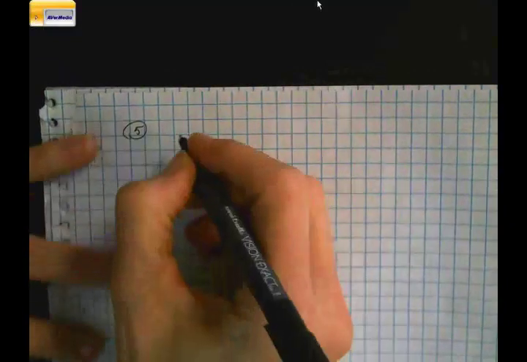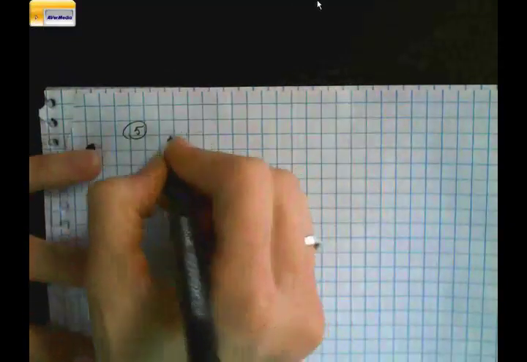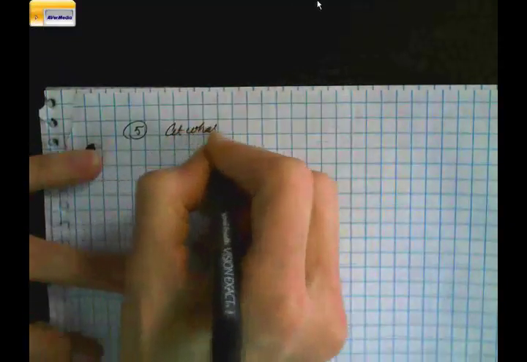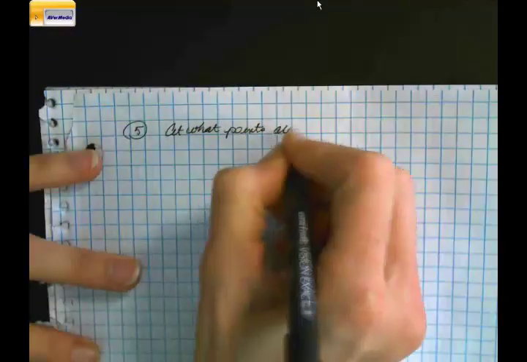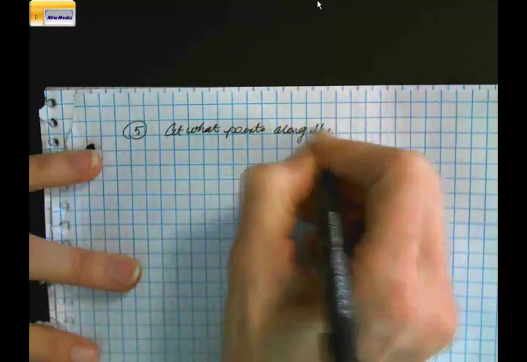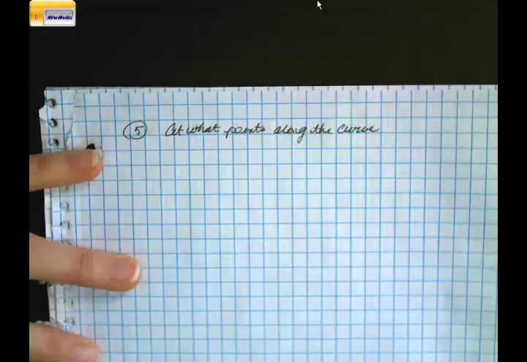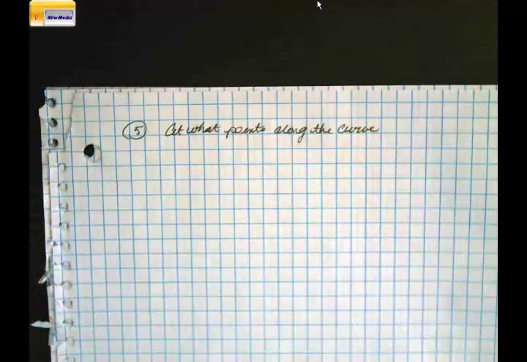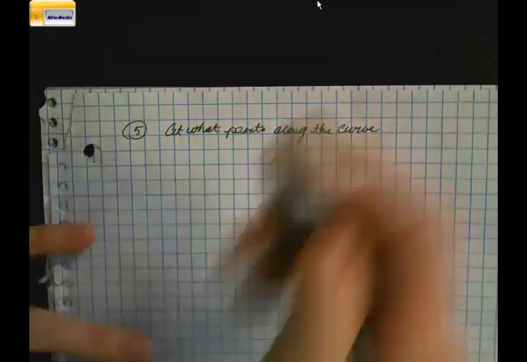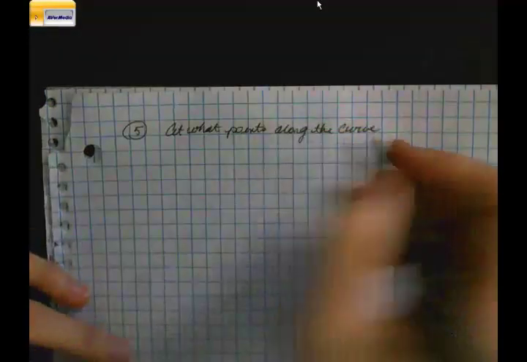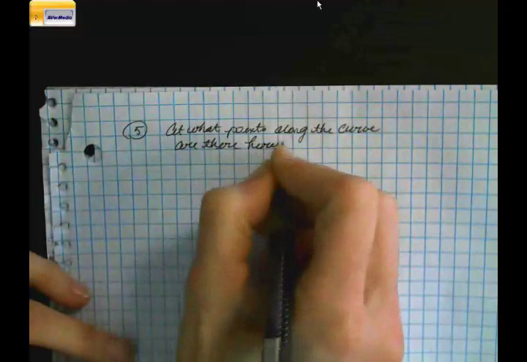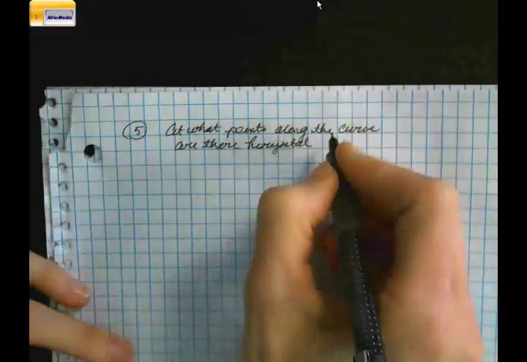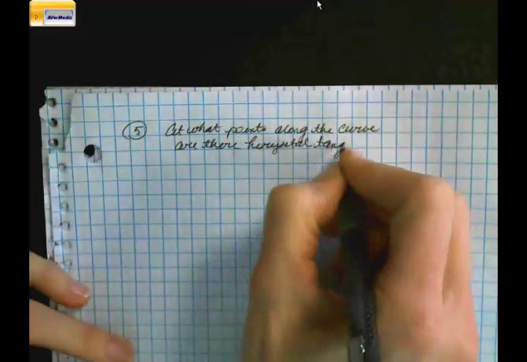And here's another question now. It says, at what points along the curve, and remember when they say curve, this means some original function that's been graphed, okay? At what points along the curve are there horizontal tangent lines.